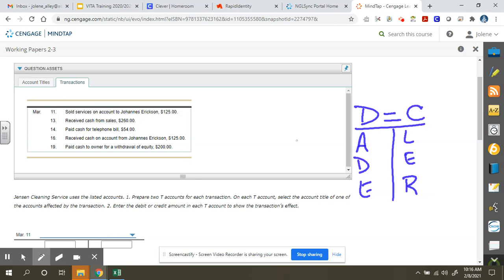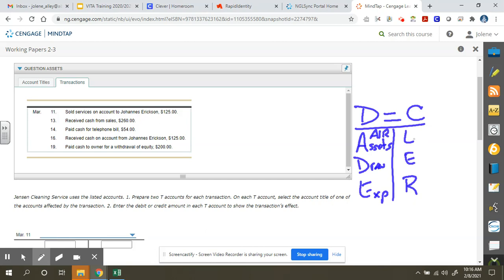Under debit, you have assets, drawing, and expenses. These all increase on the debit side. They will decrease on the credit side. Accounts receivable goes with assets.